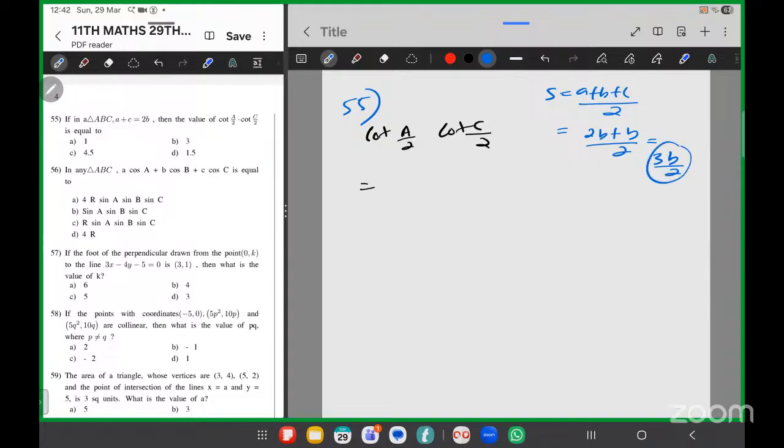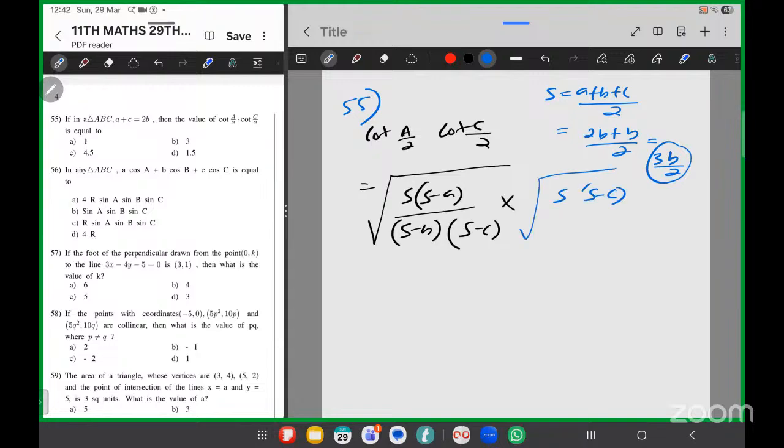Cot A by 2, we know the formula: cot A by 2 is under root of S into S minus A divided by S minus B into S minus C. And cot C by 2 is under root of S into S minus C divided by S minus B into S minus A. This is cot A by 2 into cot C by 2.